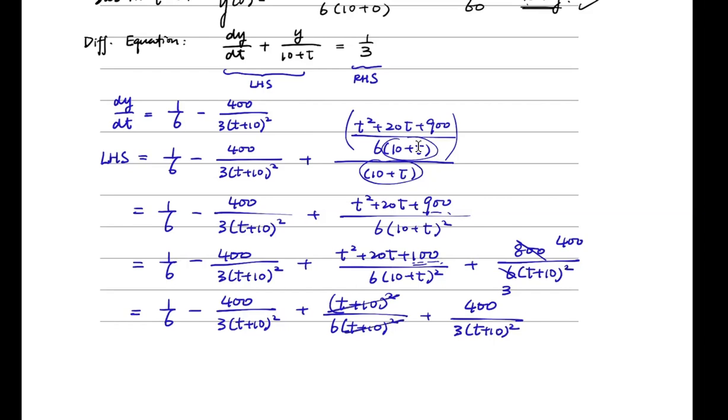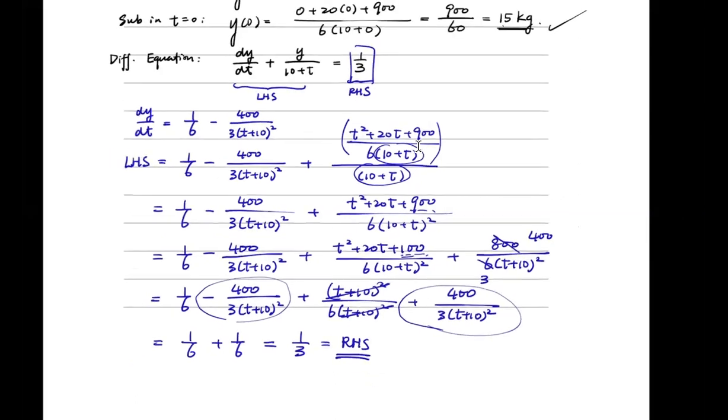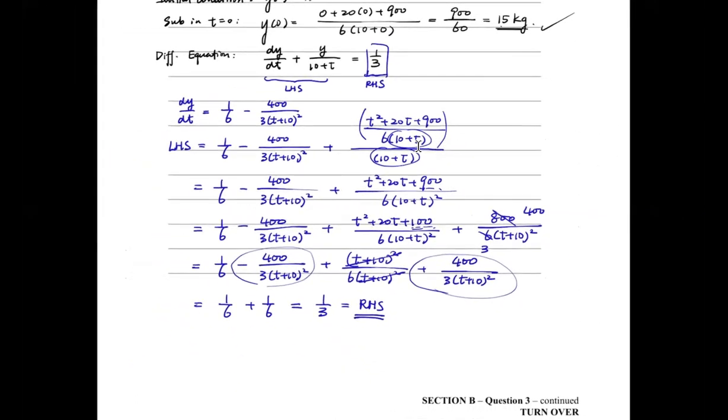These two terms will go away, and have a look at these two options. They cancel each other out. So you have 1/6 plus 1/6, which is 1/3. Isn't this one the right-hand side? So we finished our verification by differentiating, and most importantly, appropriate substitution and simplifying, okay? So differential equation verified. That's it.